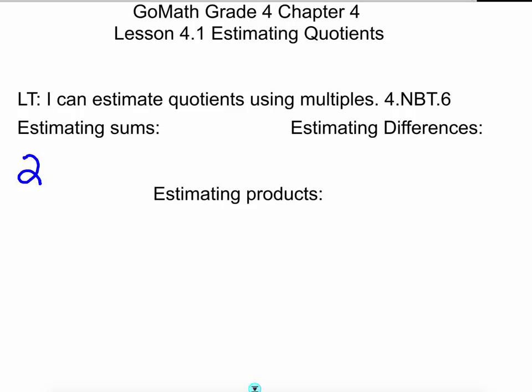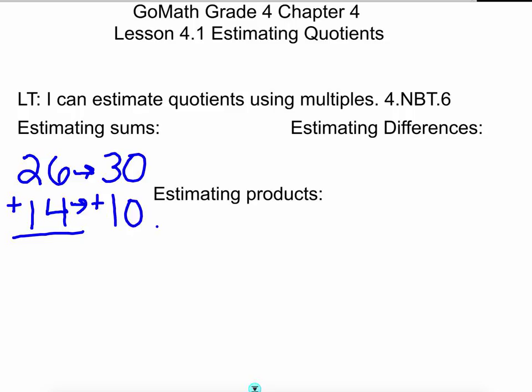So if we were doing 26 plus 14, we would really be estimating first. So 26 is about 30, 14 is about 10, and we would get our estimated sum is 40. So we're always estimating, then doing the operation.